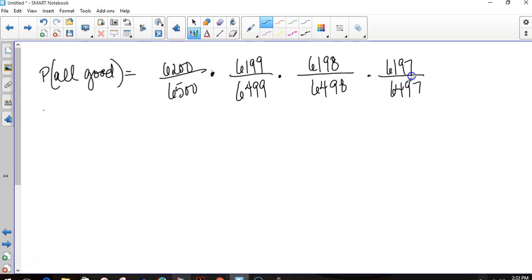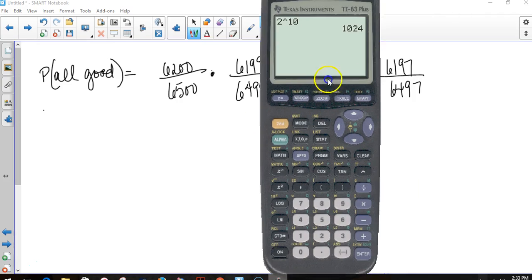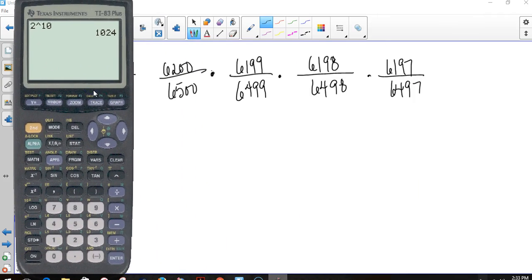And now I can use my calculator to take care of all these very big numbers for me. We will make sure that we typed everything in the right way. We did not. I got a 5 right there.